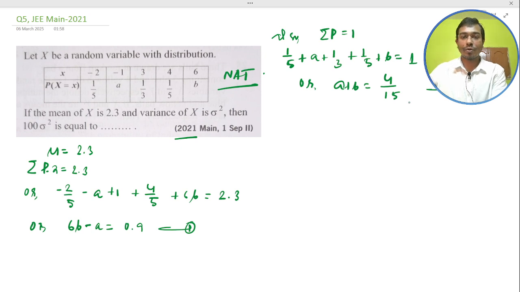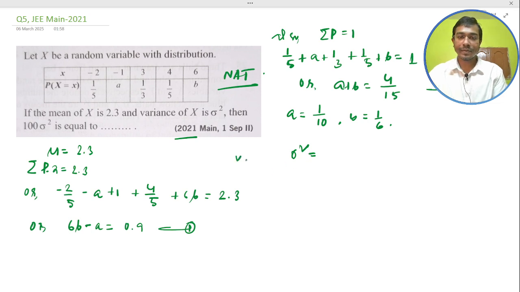This is equation number 2. So from 1 and 2 you would get a equal to 1 by 10 and b equal to 1 by 6.